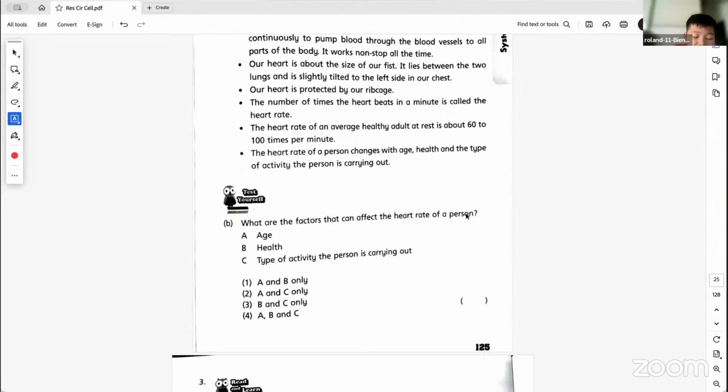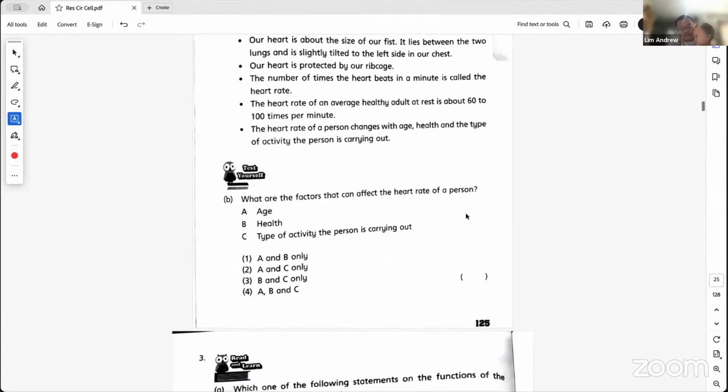So in my opinion, it's number 4, A, B, and C. All right, you are absolutely right. So yes, as the age goes, your heart beating is affected also, followed by your health and the type of activity carried out by the person. Okay, so let's carry on.